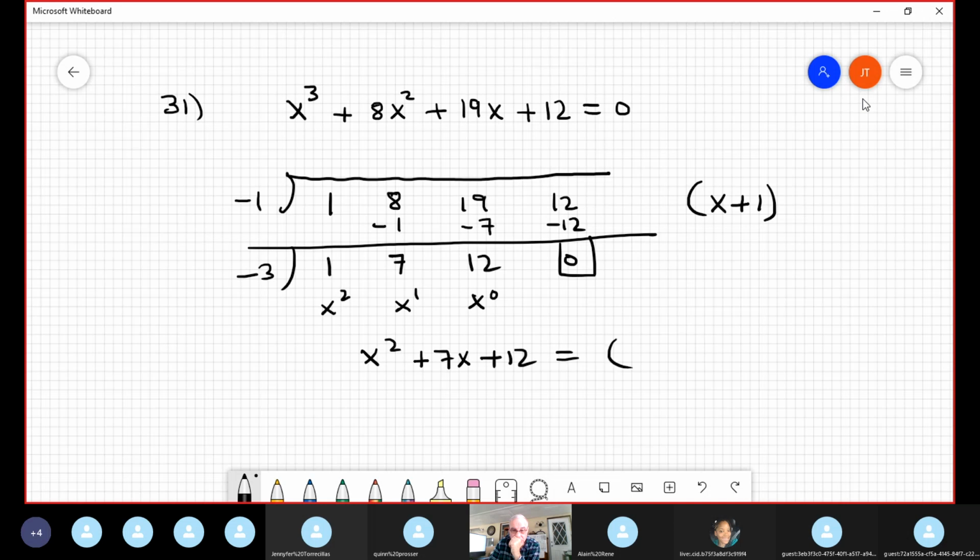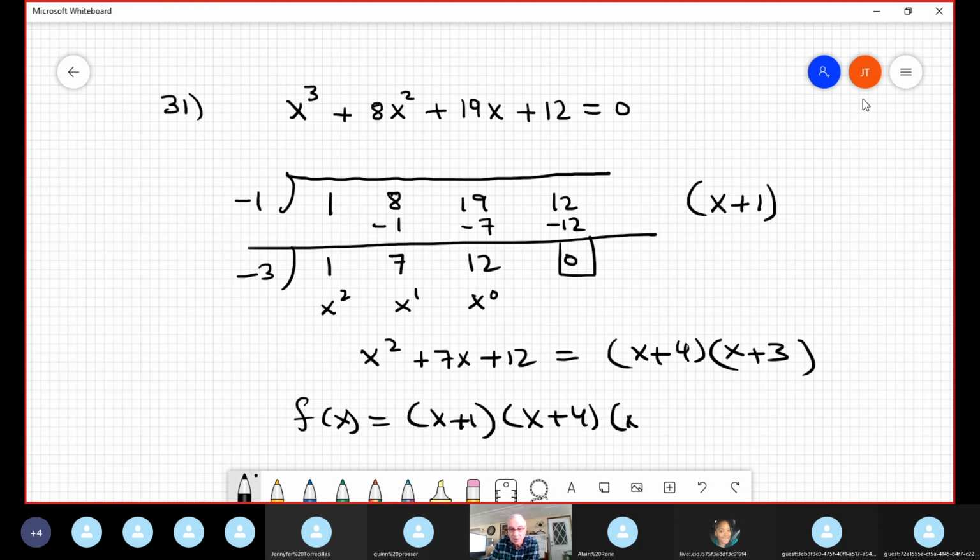When you perform the factorization, it is x, x, 4 and 3, because 4 times 3 is 12, 4 plus 3 is 7, plus plus. And this is the factorization. So the factorization of f of x is x plus 1, x plus 4, x plus 3. And the zeros, the thing they try to ask me in this question, are -4, -1, and -3.